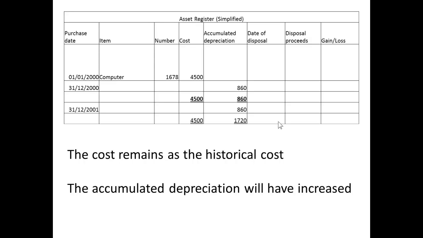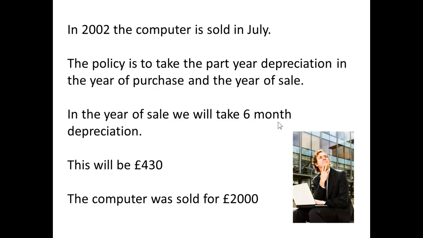At the end of the second year we are going to show another entry, 31st of the 12th 2001, of depreciation of 860, giving us a total of accumulated depreciation of 1,720. Remember, the historical cost will remain the same, that's not going to alter. But the accumulated depreciation obviously is going to increase year on year.